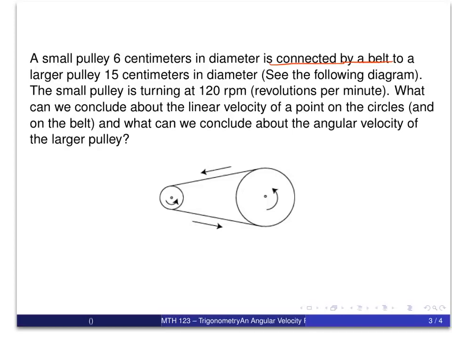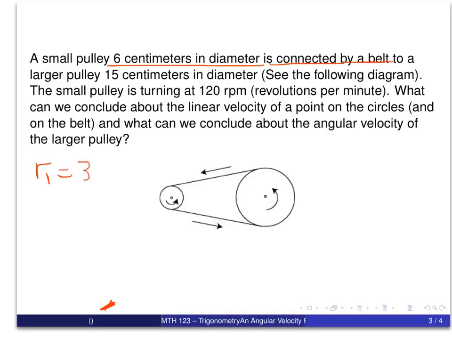The important thing we have to watch, if you remember the formulas, is the radius of the pulley, and this is where we start reading carefully. The smaller pulley has a diameter of 6 centimeters. So what we have to do is use the radius. So what we will use then is R1 equal to 3.